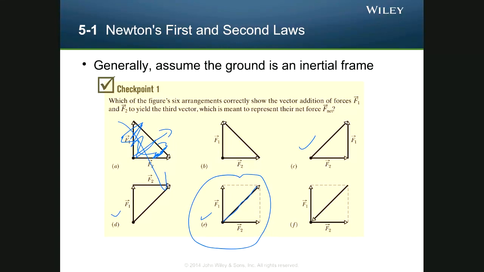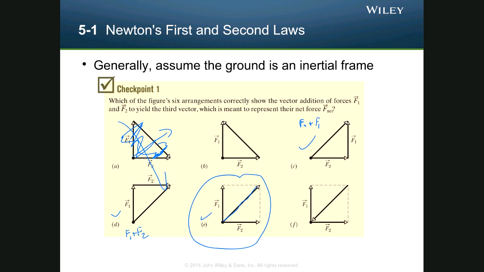So you'll notice that the difference here, just to point them out, is this one is F2 plus F1, and this one over here is F1 plus F2, and we know that addition is commutative in vectors.